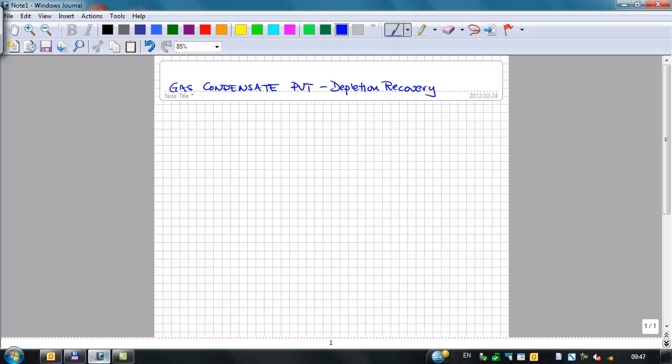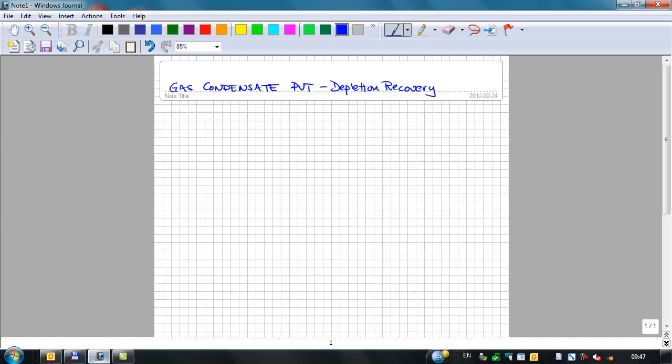One of the things that we're going to do is try to show the consistency that you should expect and get when you compare equation of state calculations with a PVT program, simulating a constant volume depletion test, and a reservoir simulator simulating just depletion.